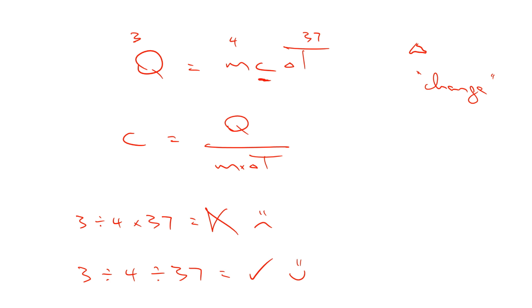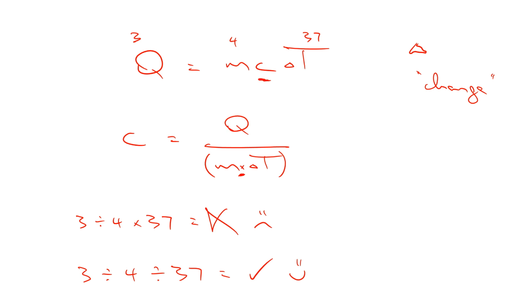Now, if you really want to use that multiplication symbol because you know that in algebra, when the letters are written together, they're multiplied, that's fine. You can use that multiplication symbol if you use brackets, because the M and the delta T are both on the bottom line, covered by that one line, so they're grouped together.